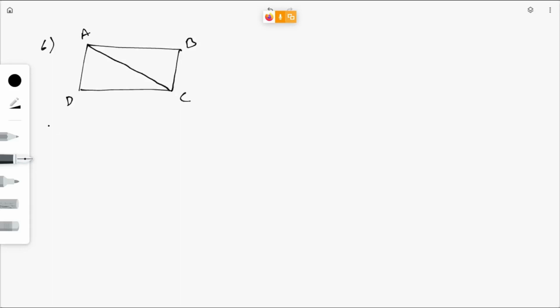So let me take the shorter side as x. If this is x, this one is also x, right? Let the shorter side of the rectangle be x. Next, the diagonal of a rectangular field is 60 meters more than the shorter side.